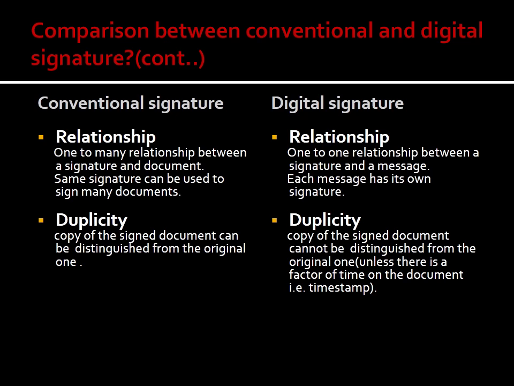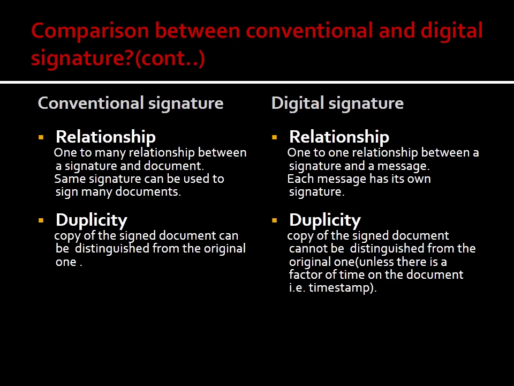Let's talk about duplicity. What do you mean by duplicity? A copy of the signed document can be distinguished from the original one. Obviously, a person has a particular signature. It is authenticated by seeing whether the signature is valid or not. The receiver has a copy of the signature. If the sender is not the valid one, we can easily see that, right?